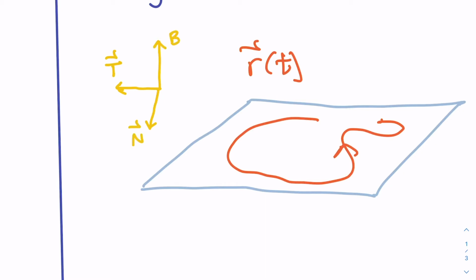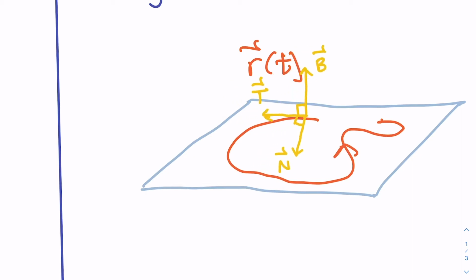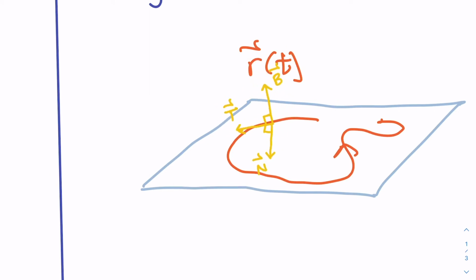So these are like my 3 unit vectors like that. If I take them and put them here on the curve, then as I move around, t and n are going to be changing, right? They'll kind of go like this. See, this is where the representation starts to break down. But imagine that the t and n vectors are changing to be in the correct directions.